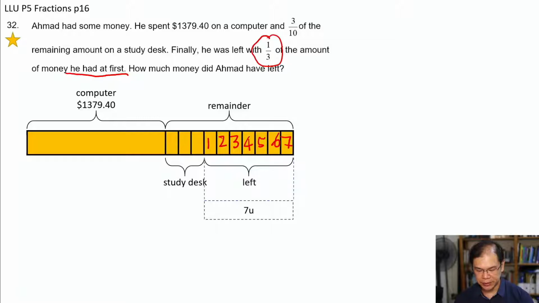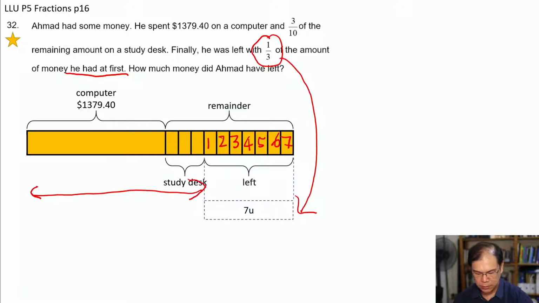So if I group this 7 units into one box like this, this is 1/3 of the amount. Means what? From here to here must be 2/3 of his amount of money, right? Can you see?